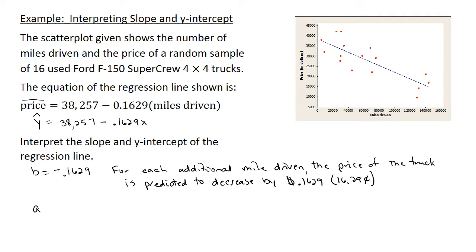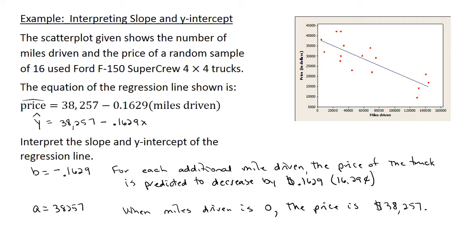And the y-intercept, the value of a, is 38,257. This tells us when the miles driven is 0, perhaps when the truck is new, the price is $38,257.